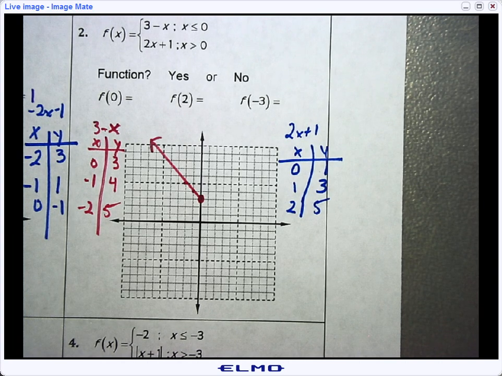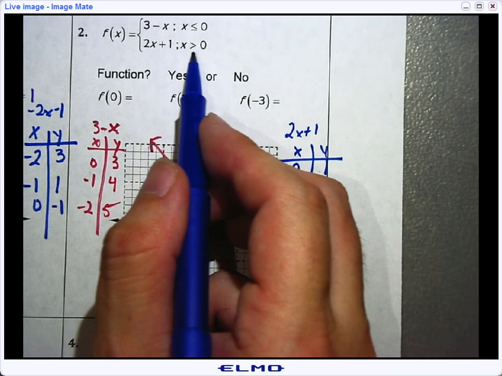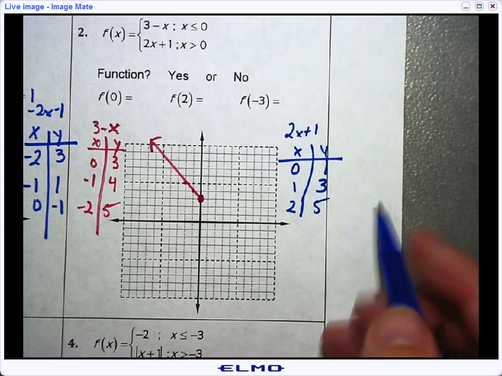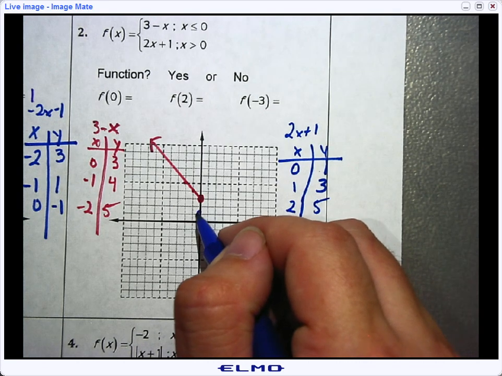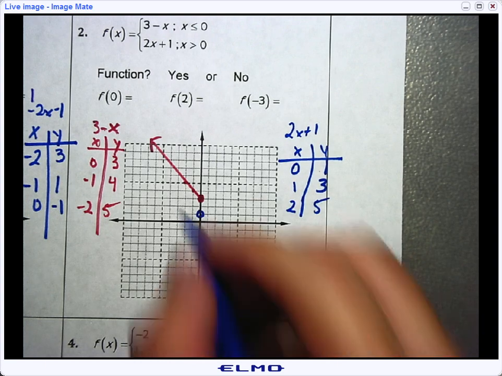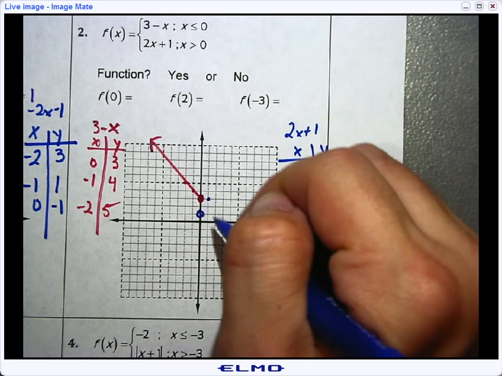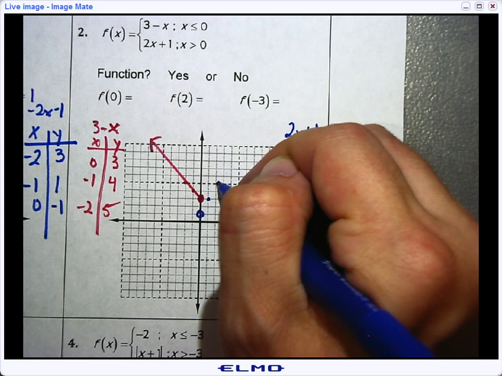For the other one, I'm going to plot these points. So first point's at 0, 1. There is no underline under the inequality, so this will be an open circle at 0, 1. The next point is at 1, 3. And then our third point is at 2, 5.